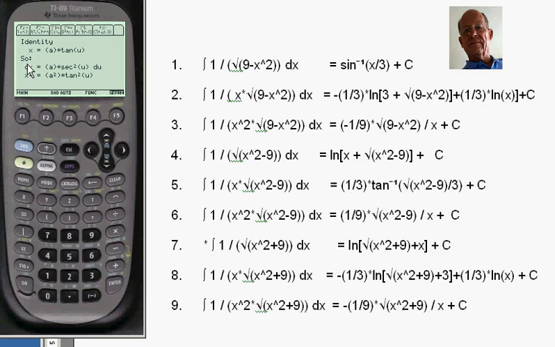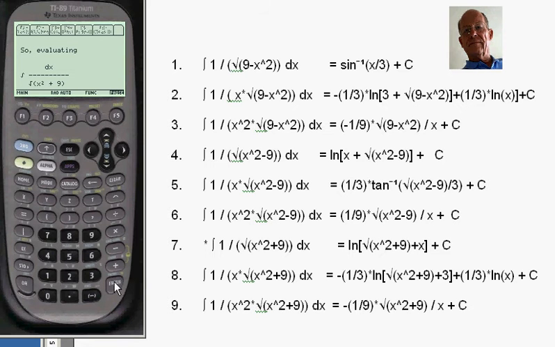So the derivative of both sides is dx equals a secant squared u du. That's the derivative of tan of u. And x squared is equal to a squared times tan squared of u. Did I say tan? This is secant squared of u, yeah.